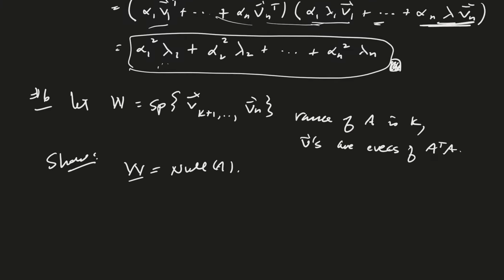So I'm going to start by taking something in W and then showing that it must be in the null space. Similarly, then we'll take something in the null space and show that it must be in W.